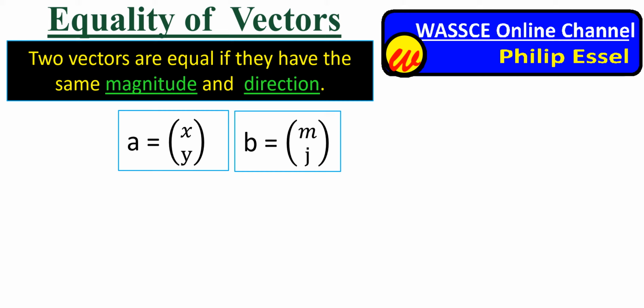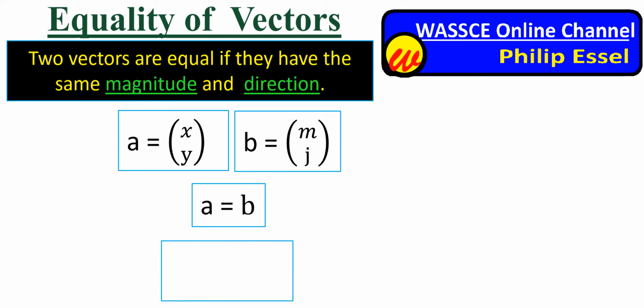If the vector A is equal to the vector B, then we can state that A equals B. This means that the vector x, y, which is A, would be equal to the vector m, j, which is B.